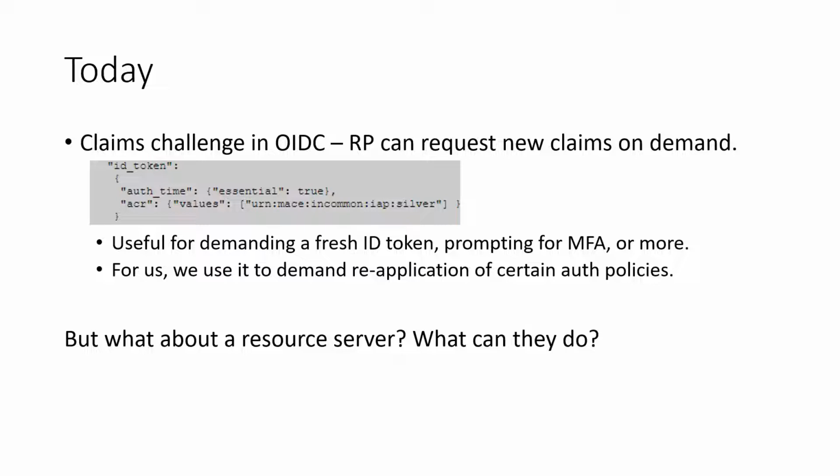Please go do that. But we can't do that for a resource server. Whenever you send your access token off to an API, we don't have a structured, agreed upon means of saying, I need you to do something else at the IDP before I can let you through.